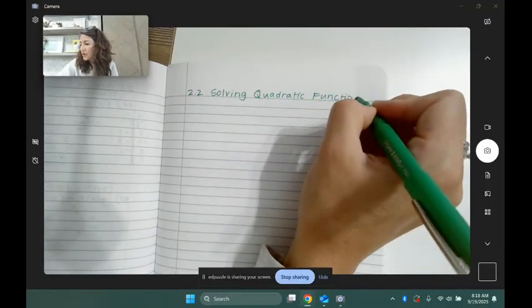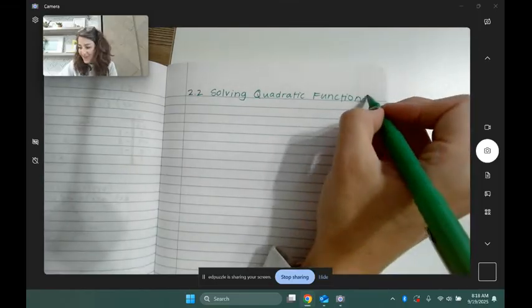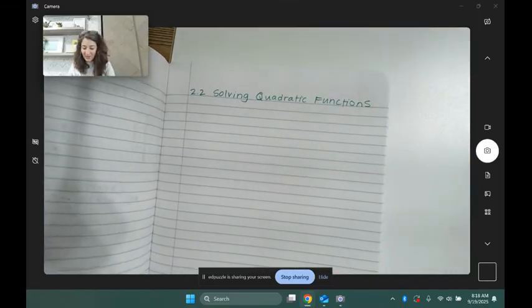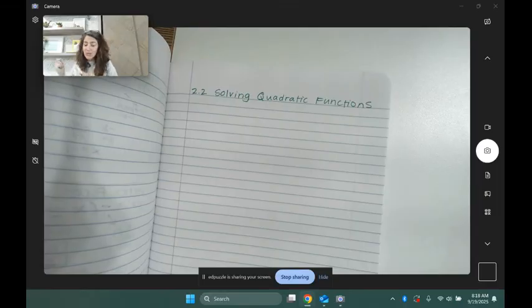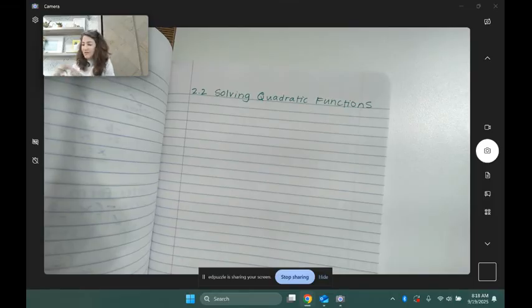All right, so the goal of solving a quadratic function is finding your zeros or your roots. Okay.